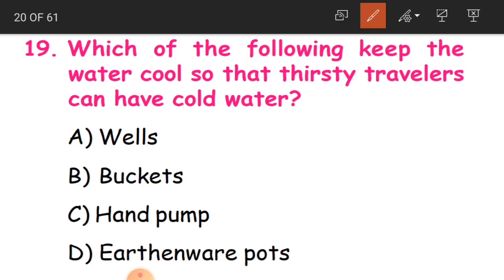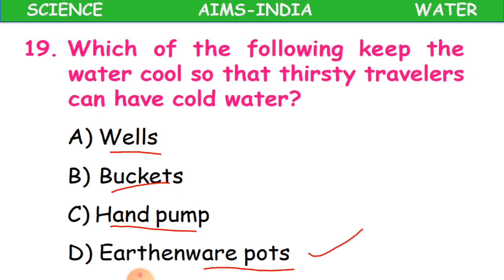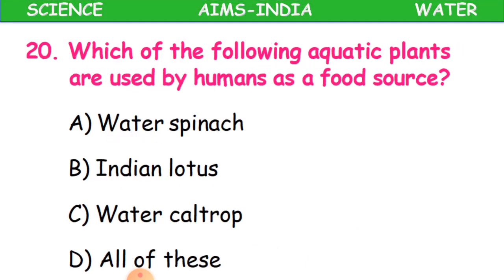Whether they have wells, buckets, a hand pump, or earthenware pots. Already we have learned that we can keep the water cool in earthenware pots. So D option is the correct answer. Okay, children. Now we'll move on to the 20th question.